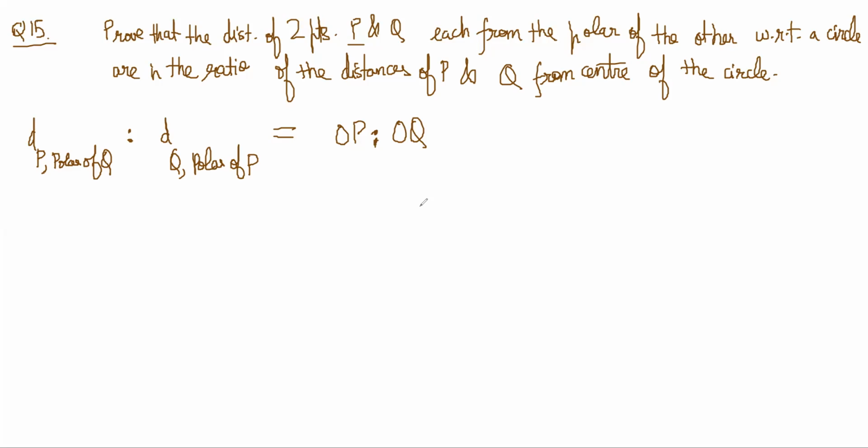This is fairly straightforward. Take any circle, you can just do it. Let P be (x1, y1), Q be (x2, y2). Do all of this, find out the distances. Yeah, 1 minute. Let's do it.